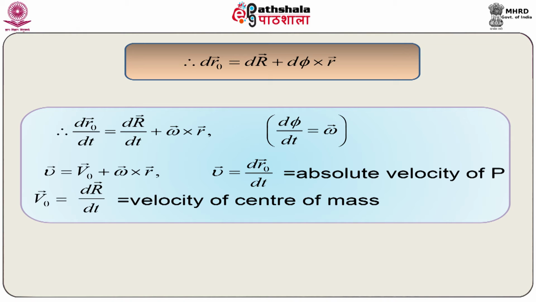This is the angular velocity as we have given rotation. This is nothing but small v vector. This can be denoted as capital V vector suffix O. This is omega cross r. Small v vector is the absolute velocity of the point P, whereas capital V vector suffix O is the velocity of center of mass, that is of O. This is called the translational velocity of the body.